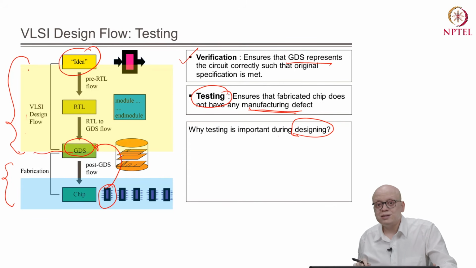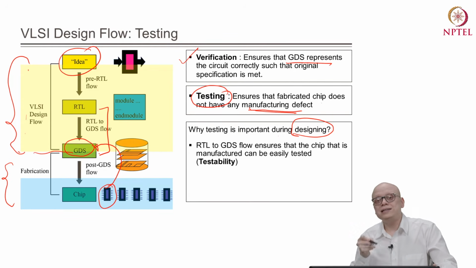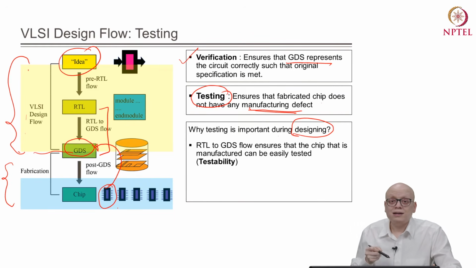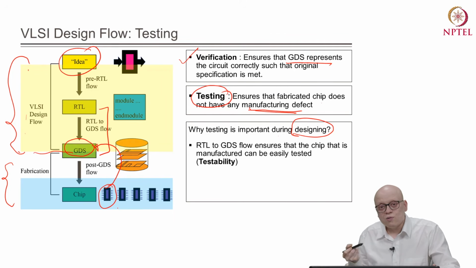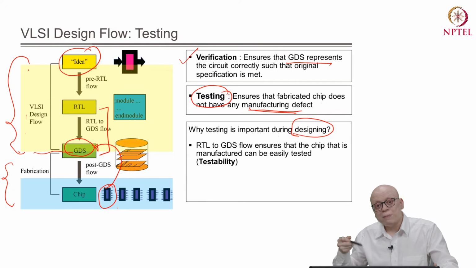So, we need to consider testing during the design step also, because during the design step, that is from the RTL to GDS step, we can introduce features in our design which allow easy testing, right, or easy finding of problems in our fabricated chip, right. So, testing is very important during the design phase. Why? Because we need to add features in our design which will allow the manufactured chip to be tested later on.